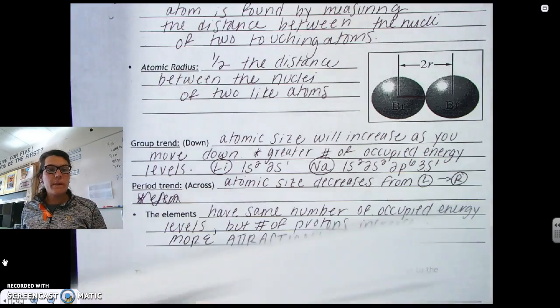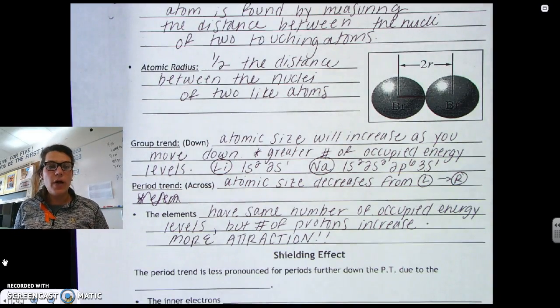Since sodium has a 3s orbital, that means it has an extra sphere around its nucleus, which is going to make it bigger, okay? Where lithium ends at 2s, so it has one less orbital, which will make it smaller, okay? That's a little bit easy to understand.